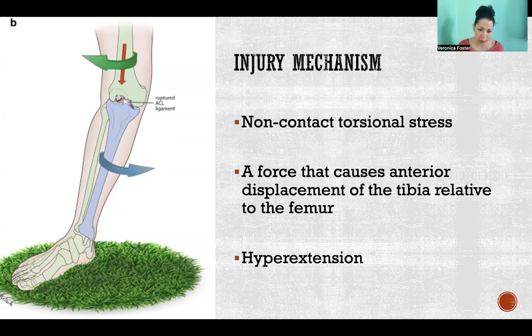So that's the most common cause, but it also can be caused by any force that causes anterior displacement of the tibia relative to the femur. That could be like a kick in the back of the calf that's pushing the tibia in the forward direction relative to the femur. That type of injury is also likely to damage the PCL, the posterior cruciate ligament.